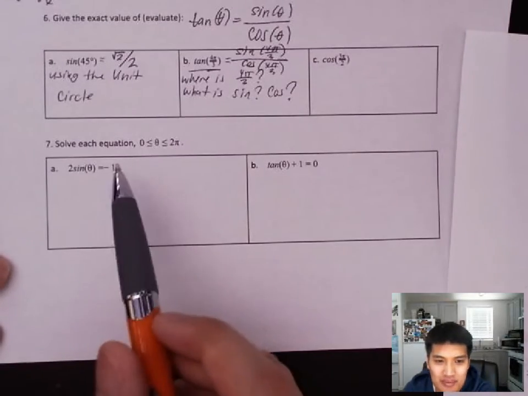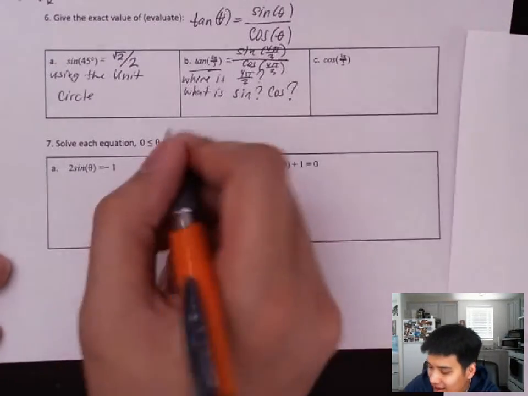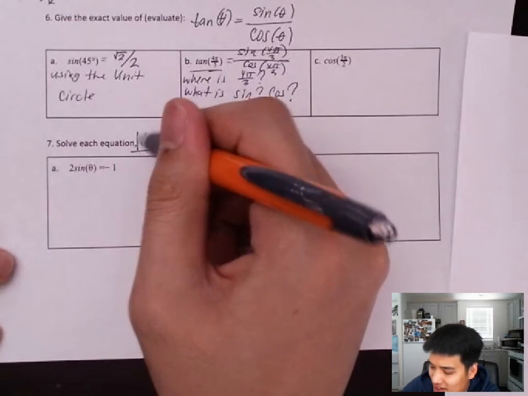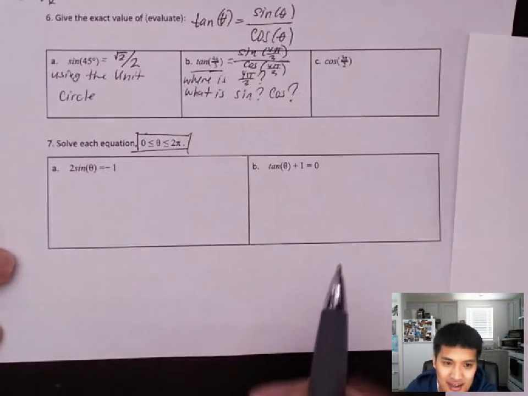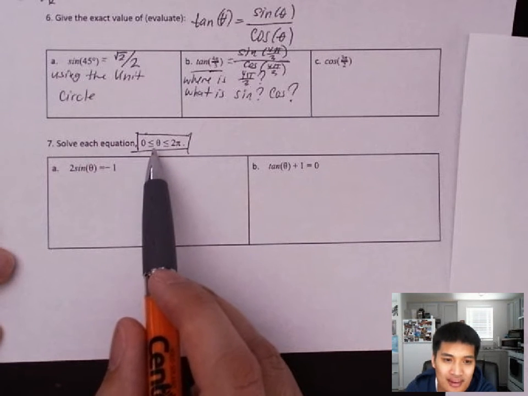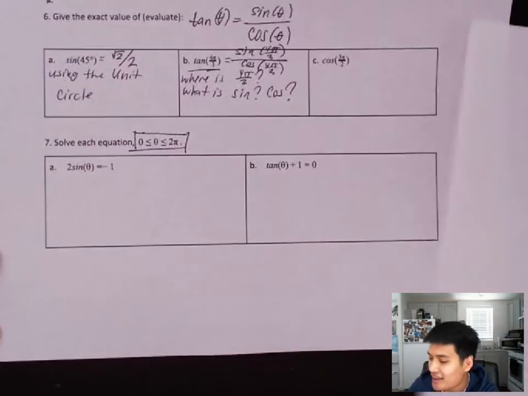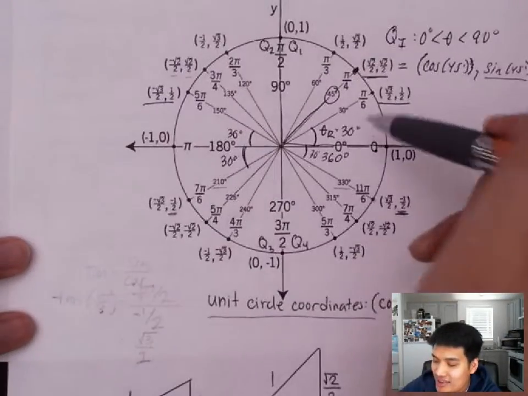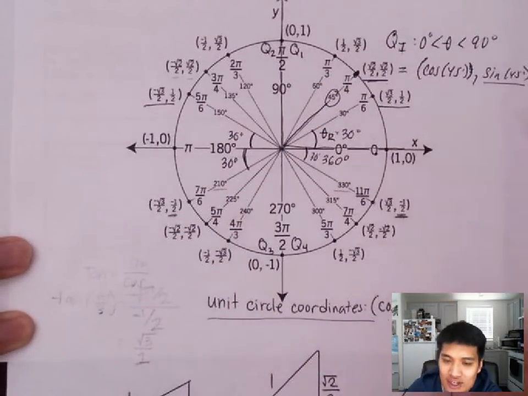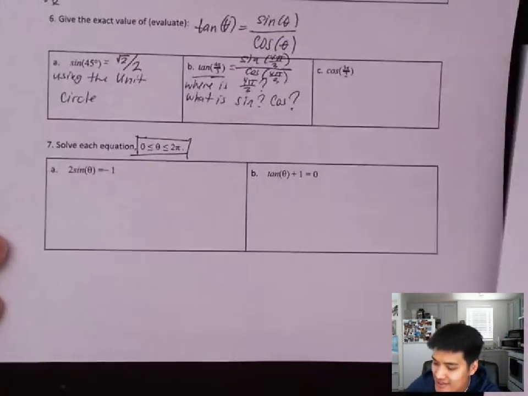And for the last problem here, something we need to take note of is that there's a specific interval we need to account for. So if our angle is in between 0 and 2 pi, I am only looking at the values within one full rotation of our unit circle, nothing else.